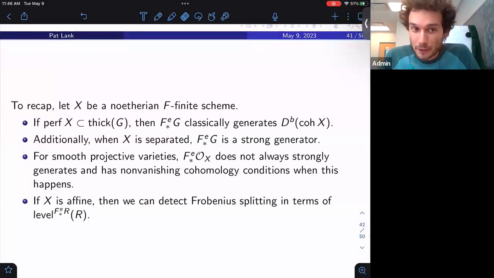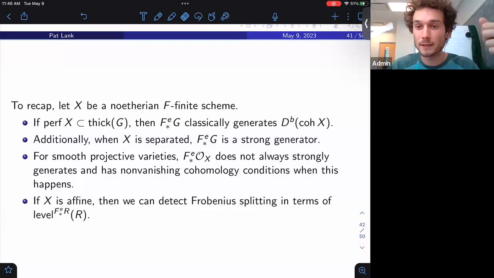Okay, so just to recap so far, we have a result about generation in the prime characteristic case. It says if I have an object that generates perfect complexes, I can push it forward sufficiently many times by Frobenius, and I can produce a classical generator. When X is separated, this is actually a strong generator. That just comes from invoking Aoki. Now there are 2 applications of this.